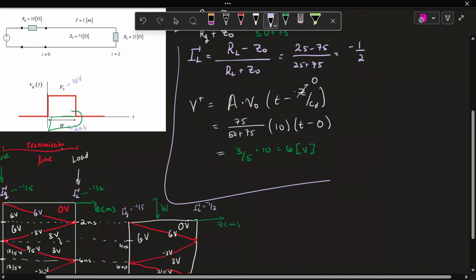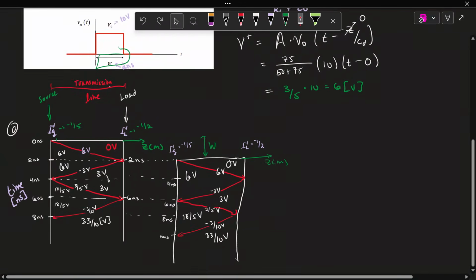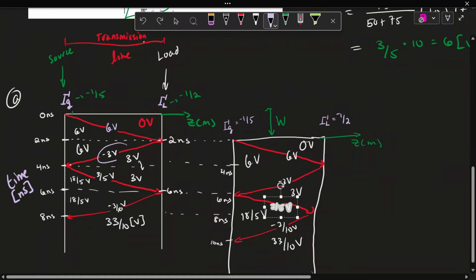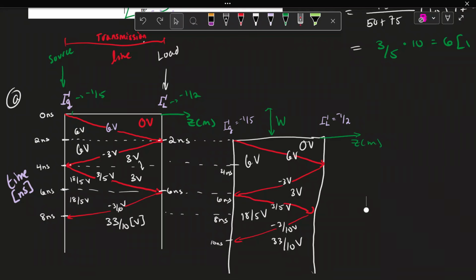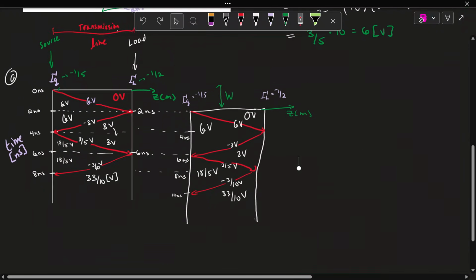You would need to know how to work these equations, but after that, you don't need to know the equations for the values in here. You really just need to know which wall you're bouncing off. Are you bouncing off the load wall, or the source wall? If you're bouncing off the source wall, you multiply by the coefficient at the source. If you're bouncing off the load wall, you multiply by the coefficient at the load. So this is part A.